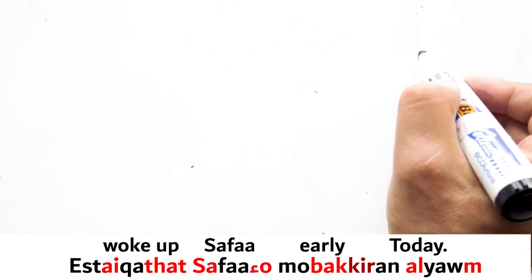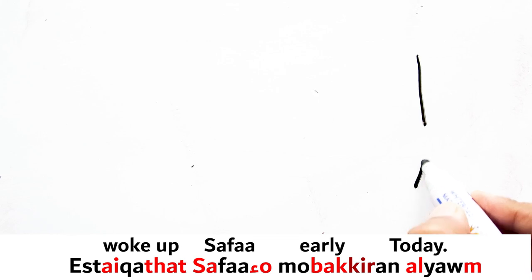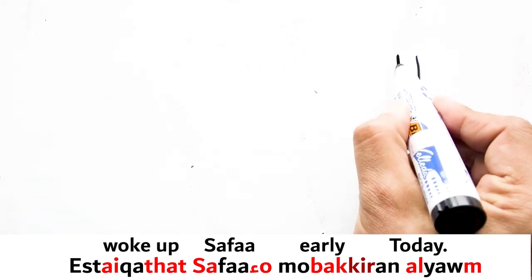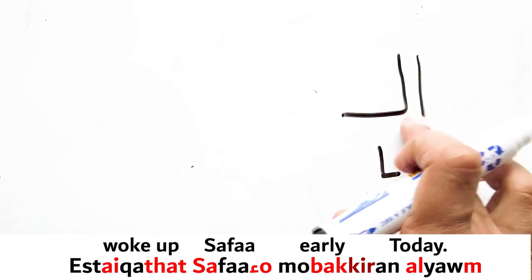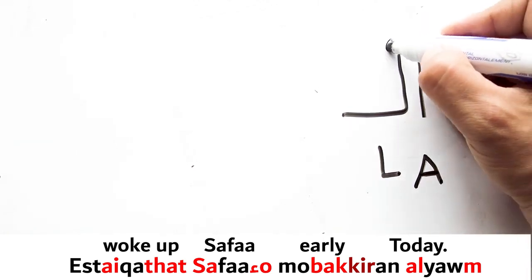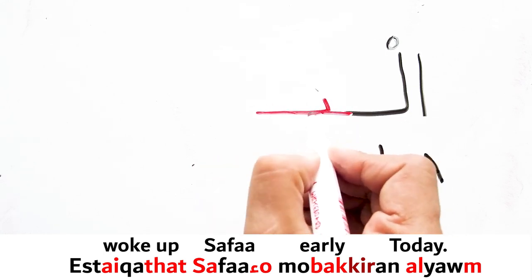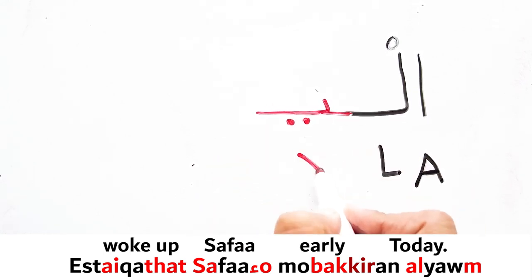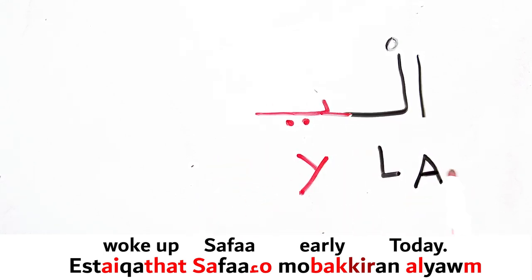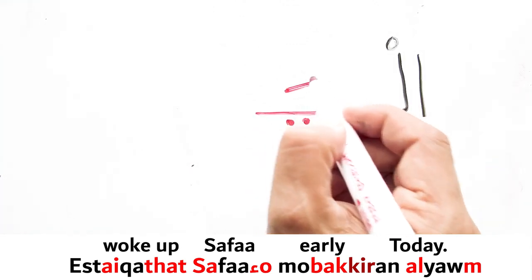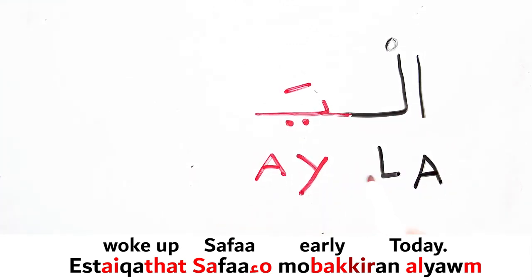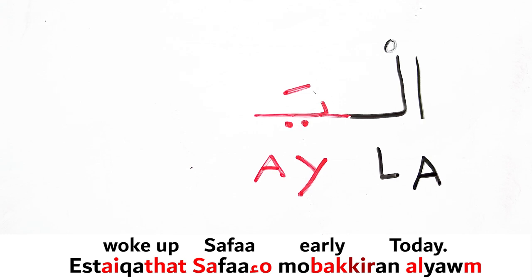Al-yawm. Have the sound of A. The sound of L. And then L. We have here sukoon. I must pause on the letter L. So we have now ya, and this time this ya will sound like Y. L, ya. With fatha on the top, we have A. L, yow.